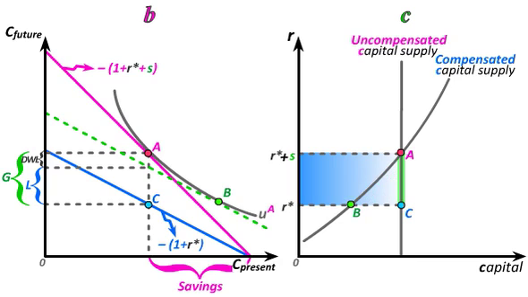Bundle B in panel B lies on a budget constraint that has the undistorted interest rate R star, and therefore must lie at the level R star on the compensated supply curve in panel C.